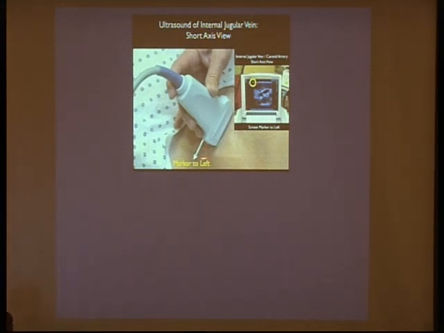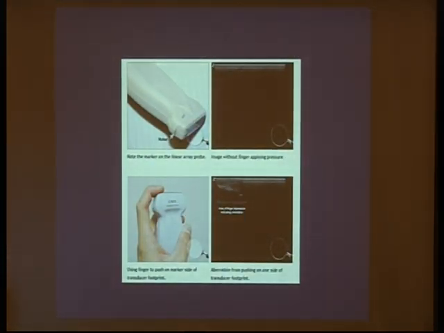So if this is left side, it should appear on the left side of the screen. One of the easy ways to know whether we are left or right is to just touch the probe, and it will make like an indentation here. Then we know the exact position of the probe, and we will see it practically in a minute.